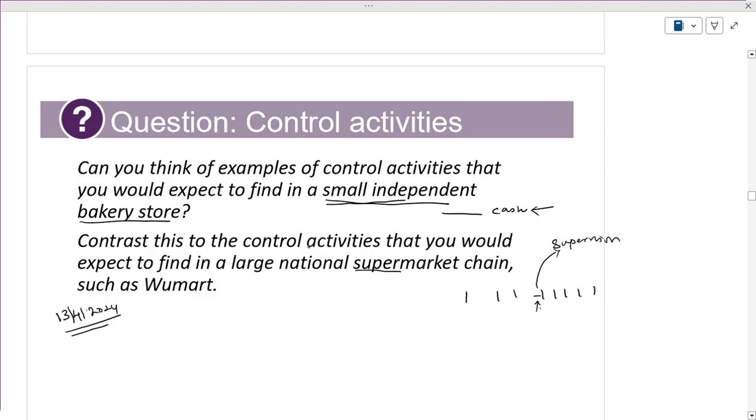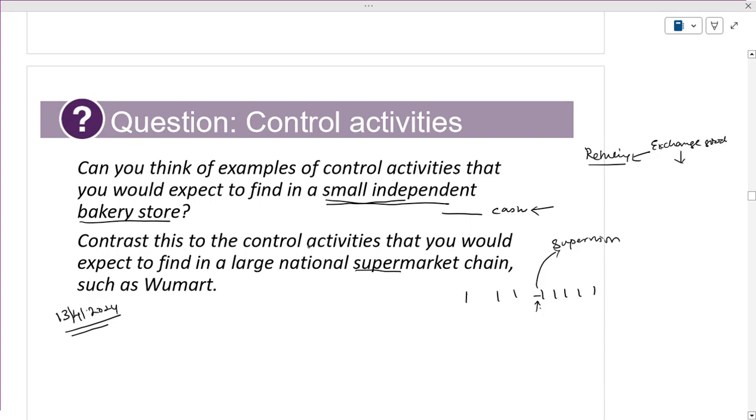This is what the control environment talks about. Take a simple example. You have purchased something and you are returning it. I will not say returning the goods; you are exchanging the goods. What will happen when you exchange the goods?